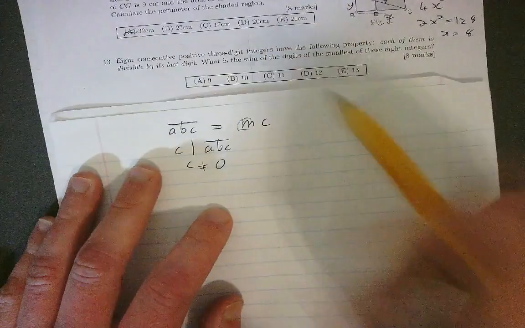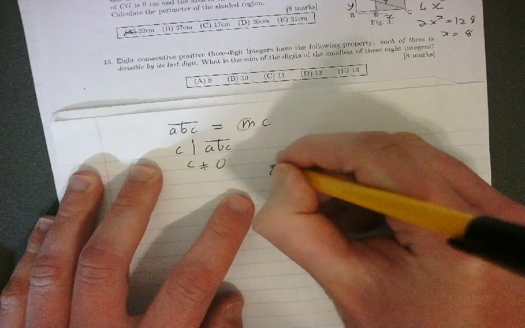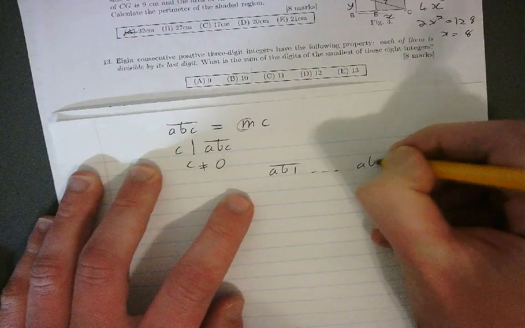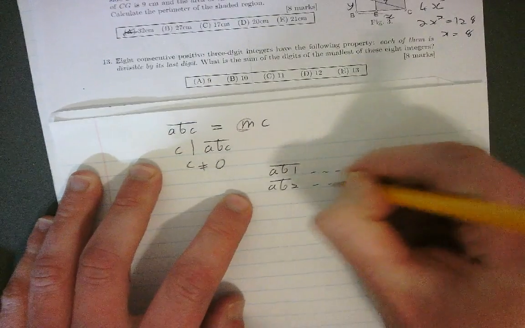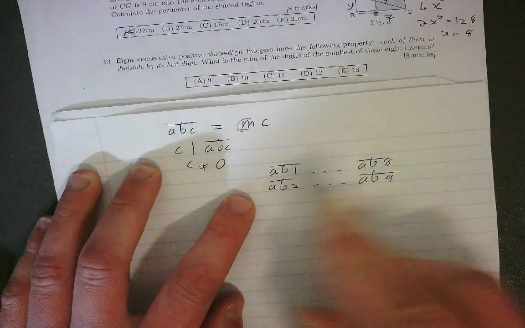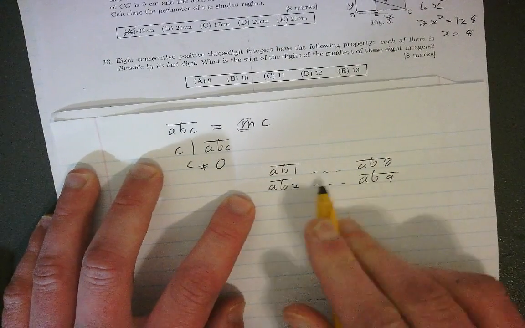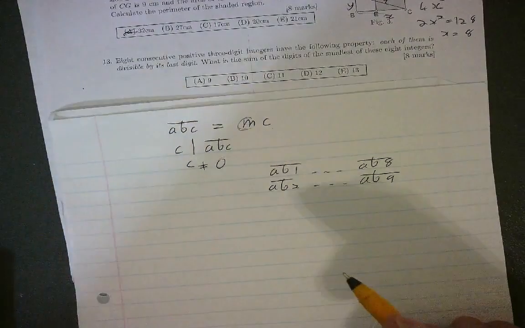So these consecutive integers must be of the form AB1 up to AB8 or AB2 up to AB9. Any other 8 consecutive integers, one of them will end in a 0, so that's not a possibility.